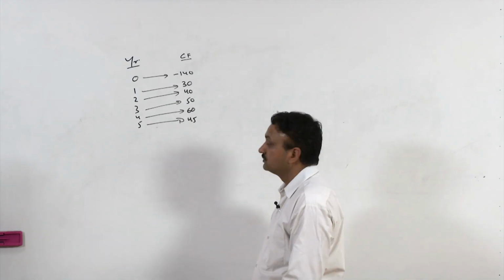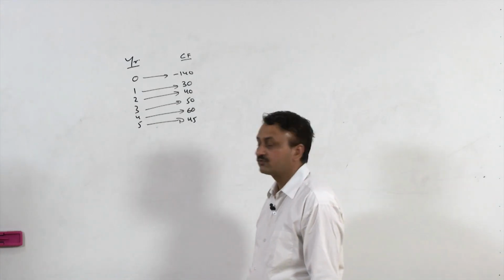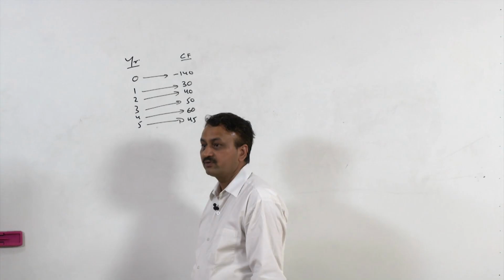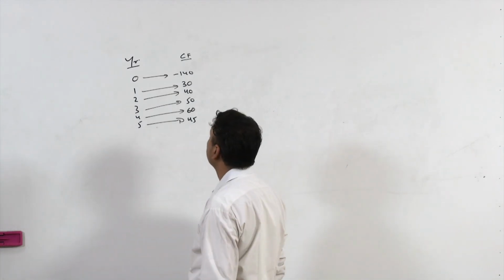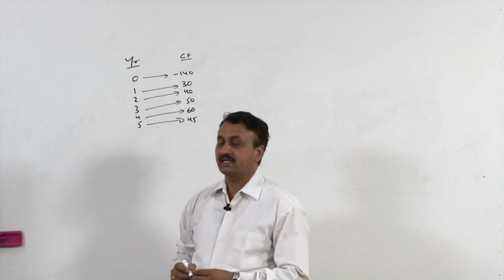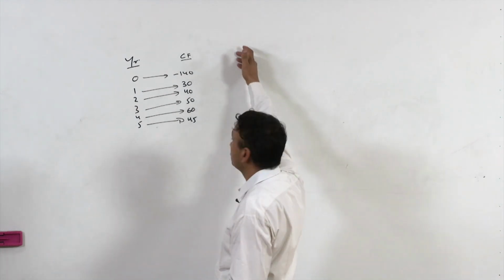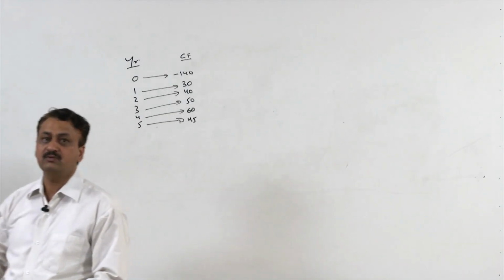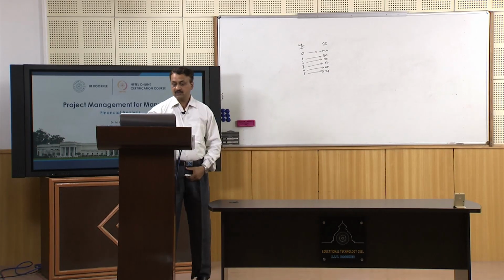Now, what should we do? We should find out the discounted cash flow. You can do two things. Either you can calculate the cumulative cash flow first and then go for discounting, or first go for discounting and then calculate the cumulative cash flow.